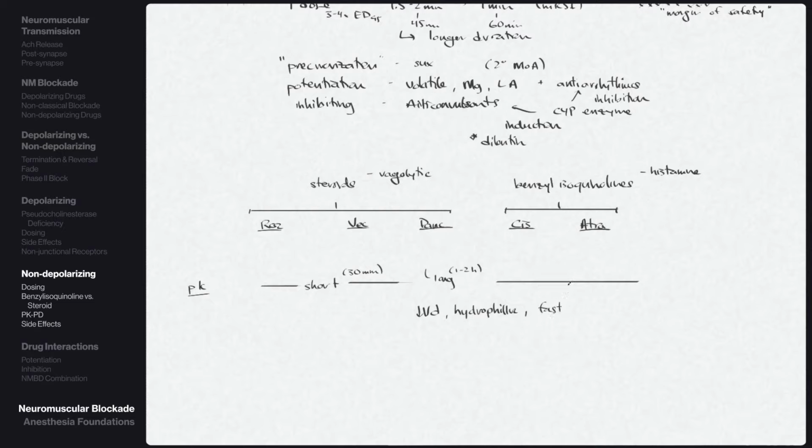Now, you might think about our IV agents and how they were lipophilic and they had a very fast action, but these are hydrophilic and these have fast action. And the difference is that the side effect from where they're actually acting is different. So this is not the brain this time, but this is the muscle. So we actually do want our drug to distribute to all these muscles and tissues in our vascular space.